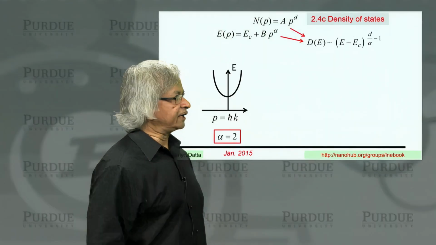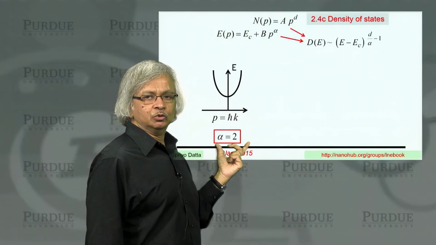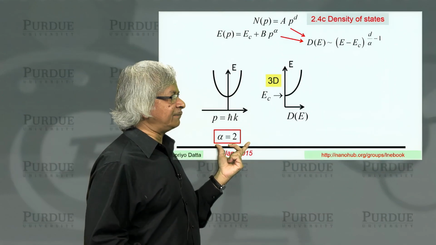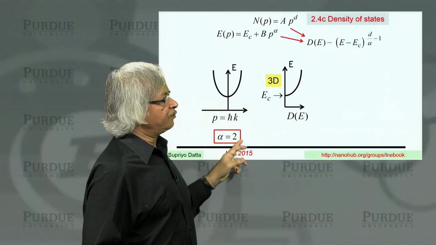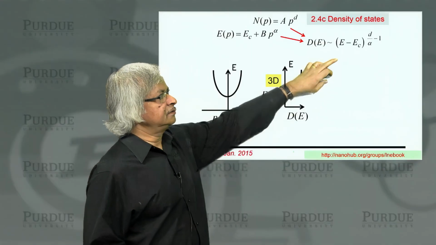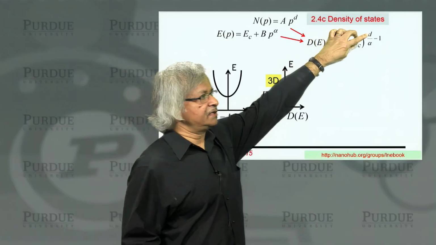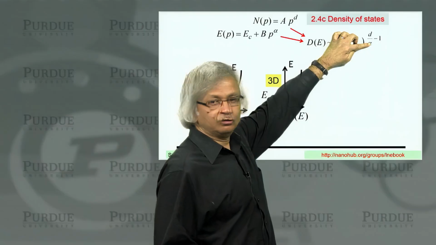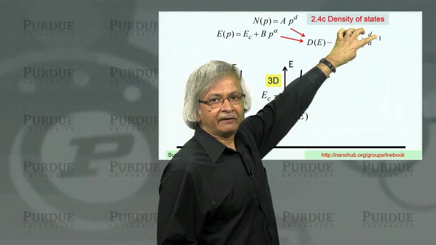So let's now look at a specific example. Let's assume alpha is equal to 2. That is, as I said, the most common case. That's this parabolic band. If you put alpha equals 2 and consider 3 dimensions, that means d is 3. So the exponent becomes 3 divided by 2, which is 1.5, minus 1, so that's a half.